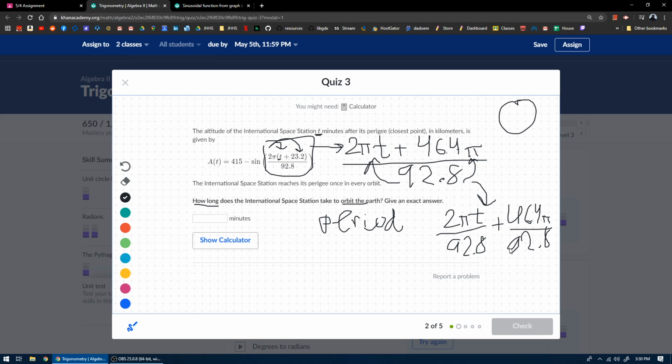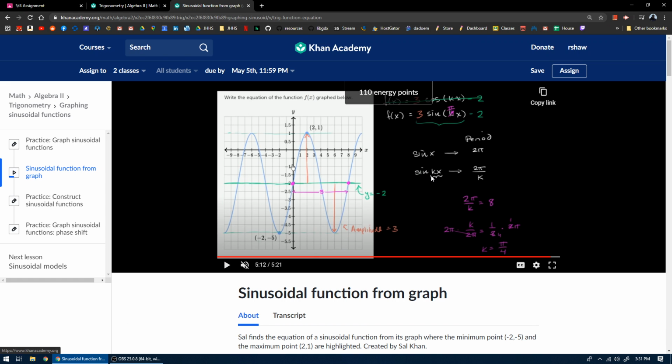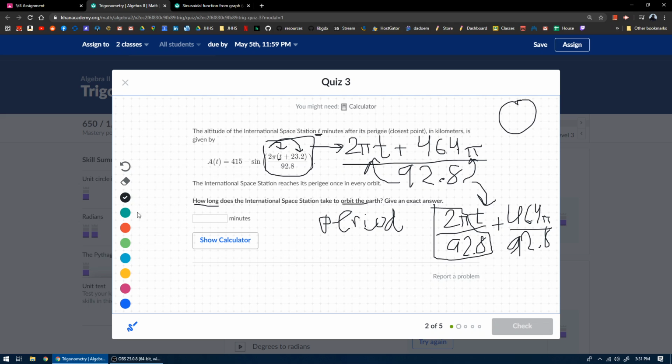Sorry for my bad handwriting, but all I did was take this and divide it into each of these, splitting it in half. Does this look like what we had before? Yes. What's this part in front of the t? That's my k. It is 2 pi over 92.8.